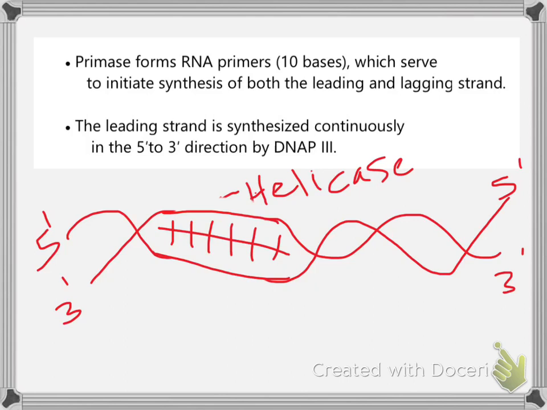In this unwound DNA, the SSB protein, single strand binding protein, binds on each strand, which prevents the rejoining of these two strands.